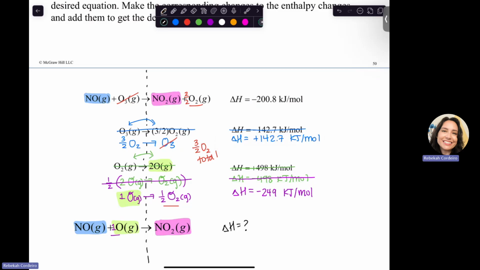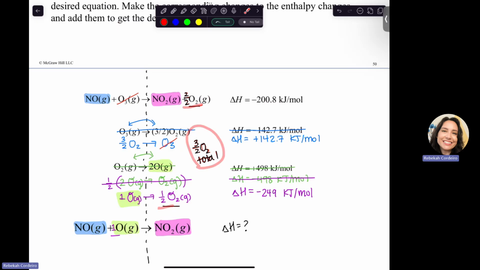Let me write that in black so that I can cancel it out in red. So add up what you have if you have something in multiple places. So this 1 plus 1/2 is 3/2. So now I have 3/2 on the right side and 3/2 on the left side. So now all the O2s are going to cancel by default.